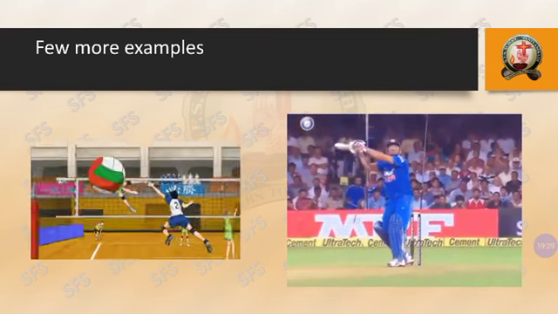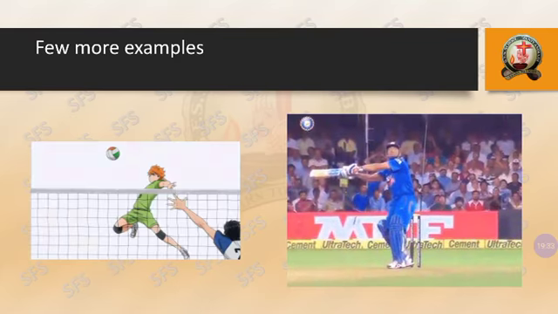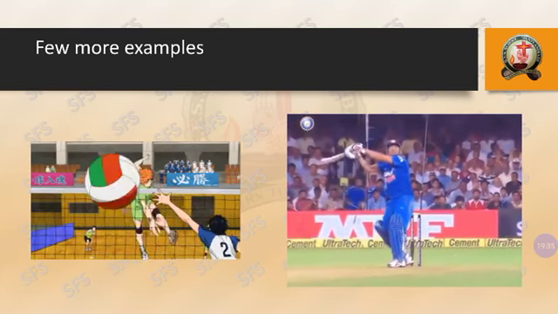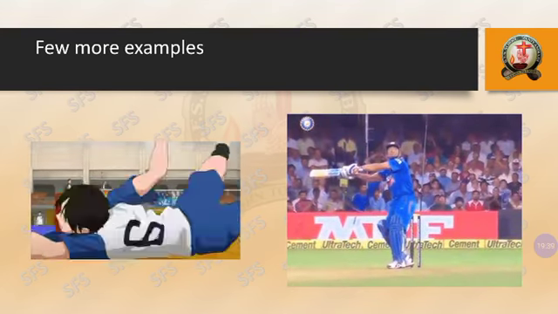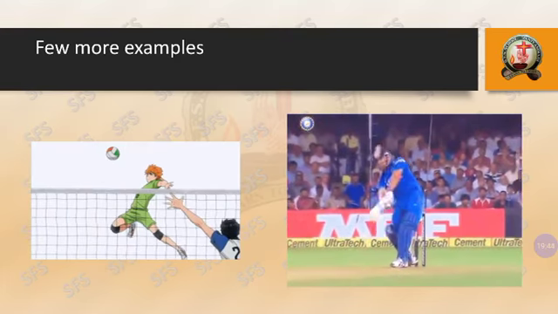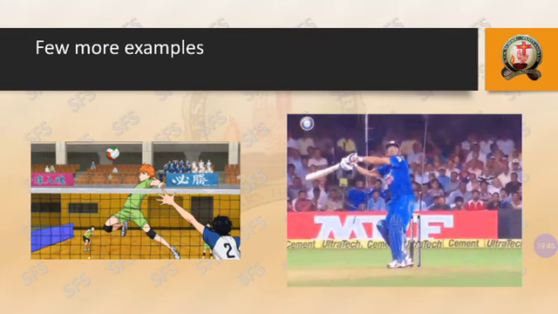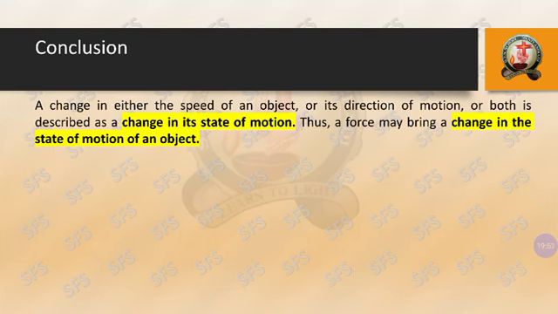Okay, so with this example we can conclude that with the help of force, not only can we change the speed of the object, we can also change the direction of the object. Here we can conclude that a change in either the speed of the object or its direction of motion or both is described as a change in state of motion.